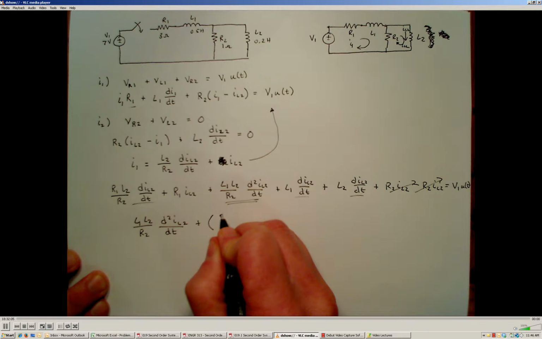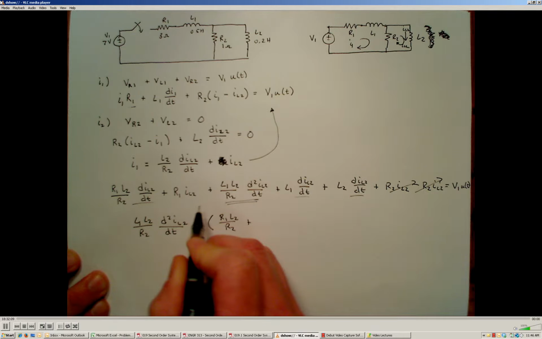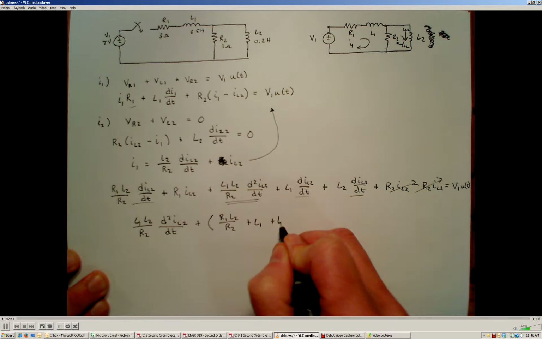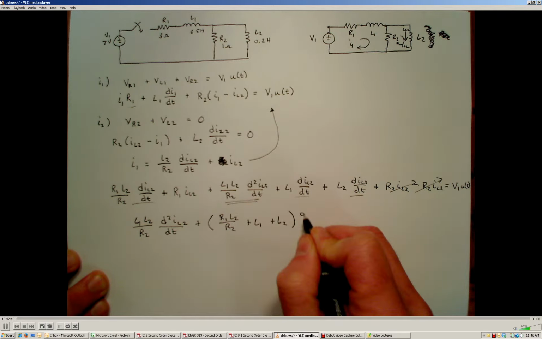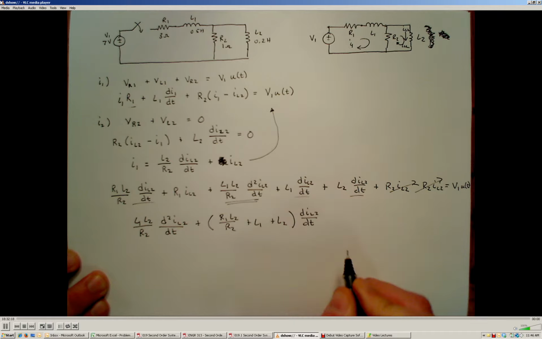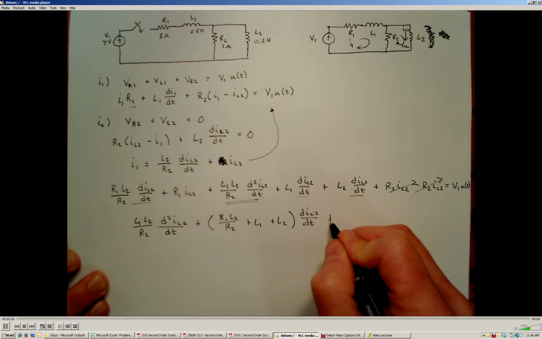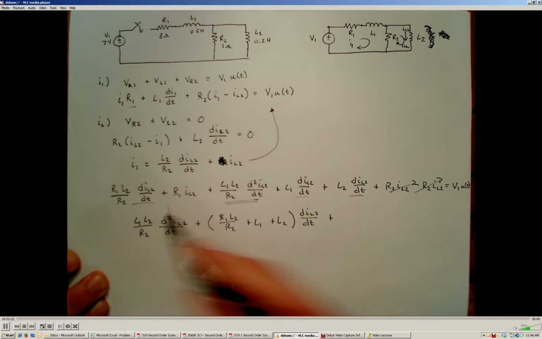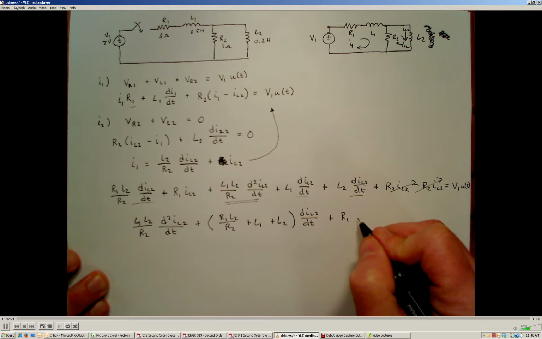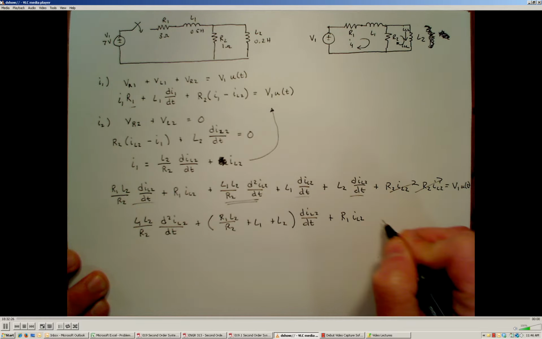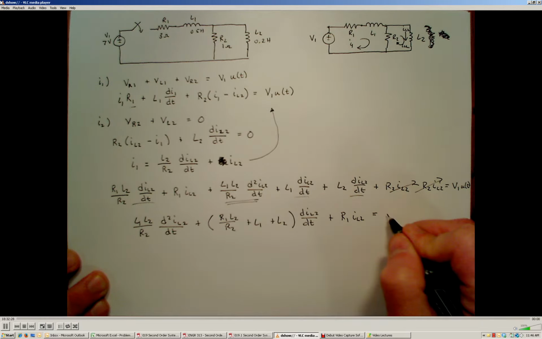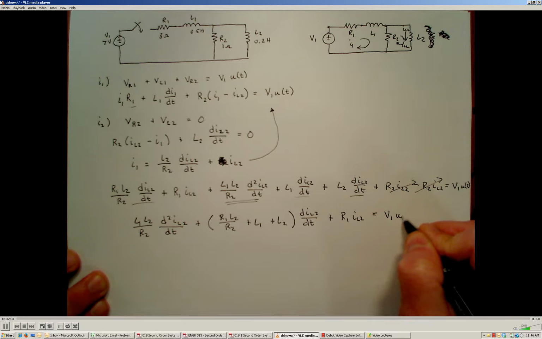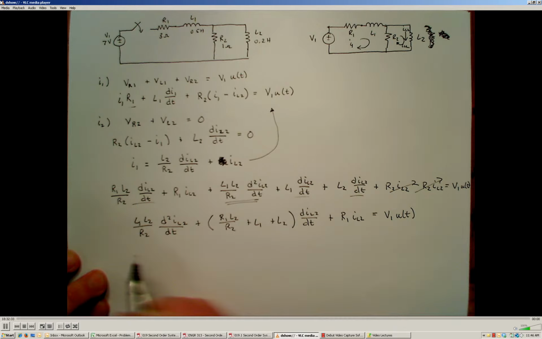It will be R1 L2 over R2 plus L1 plus L2 times the first derivative of current through inductor 2 with respect to time. And then my zeroth order derivative right here is R1 times IL2, equal to the input voltage times the unit step function.